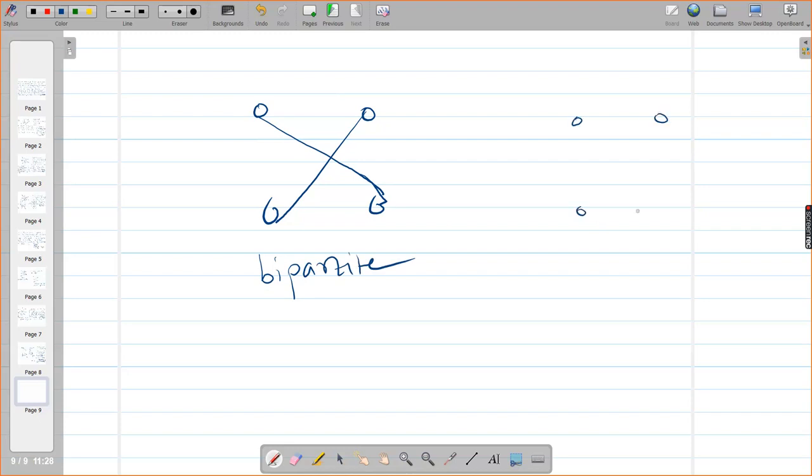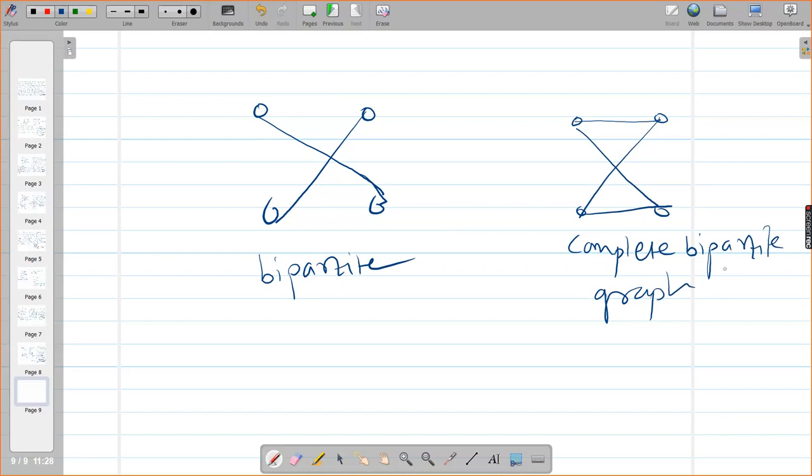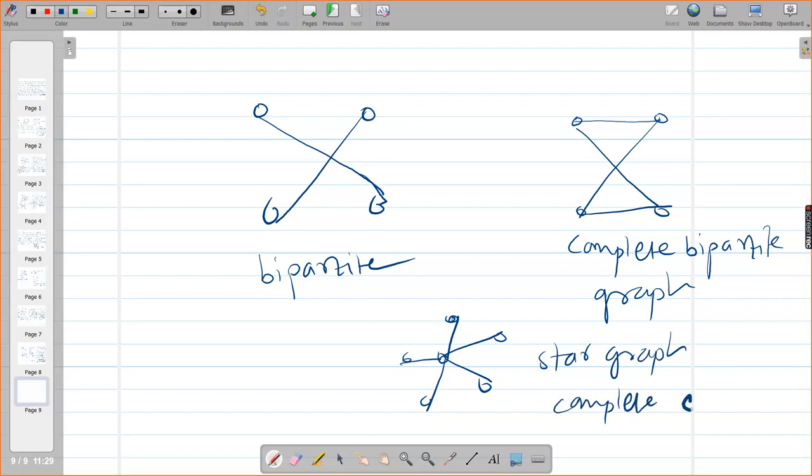And if I draw something like this, this is a complete bipartite graph. Another example, the star example I gave you: take one vertex in the middle, take a number of vertices around it, and so it is a star graph. This is also a complete bipartite graph.